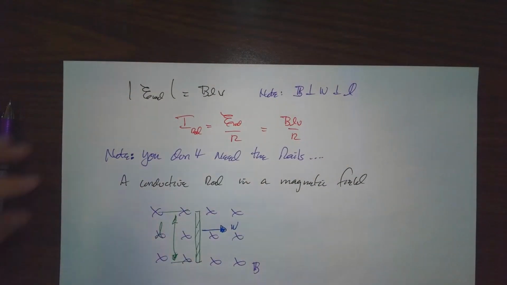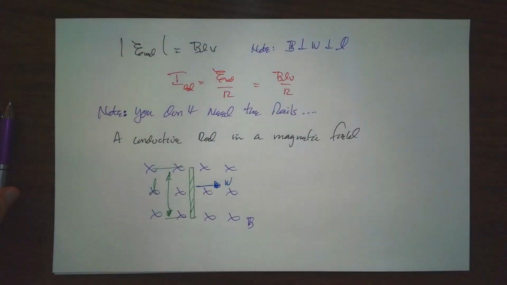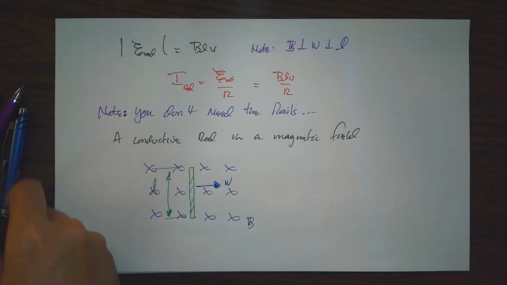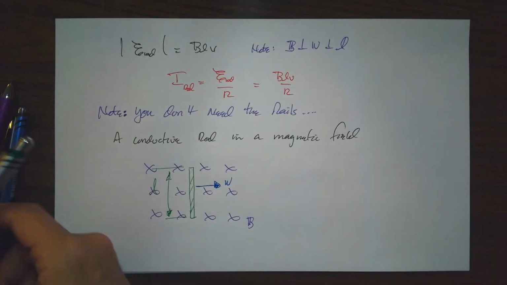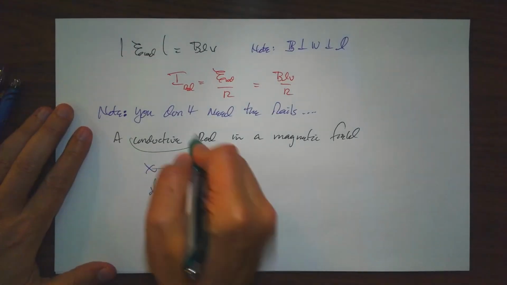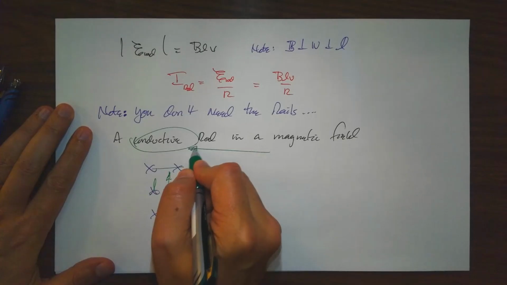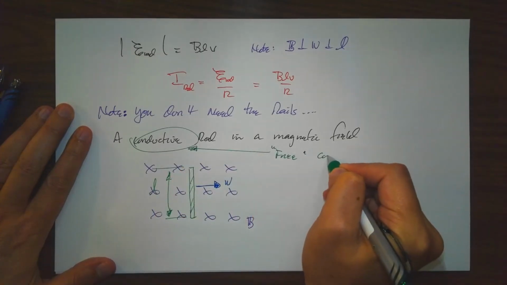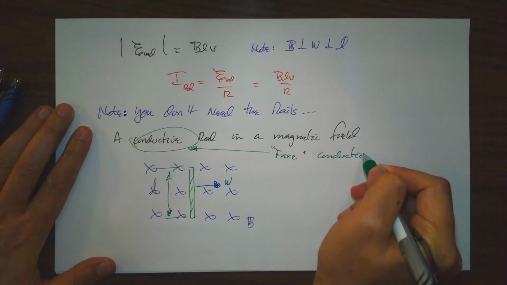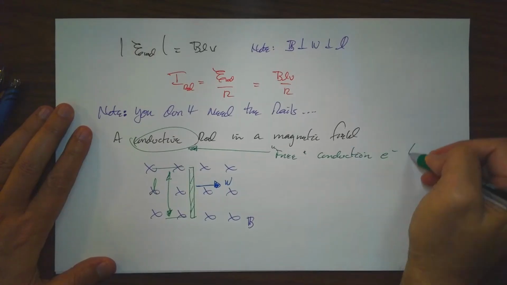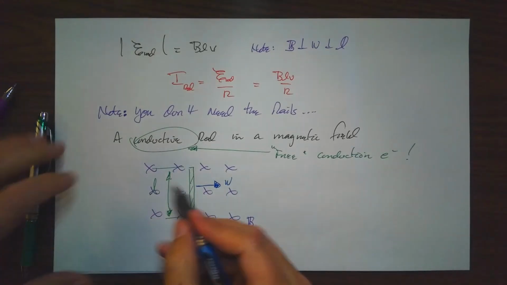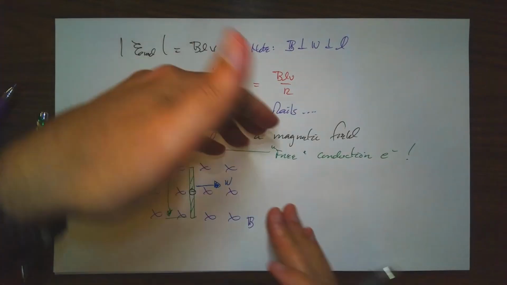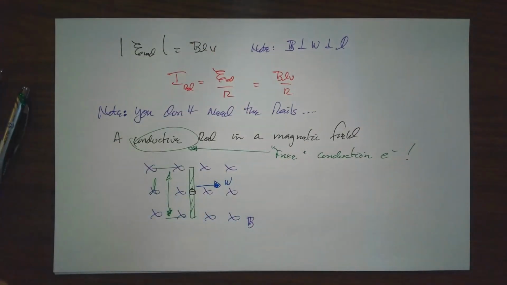And so then we can take a look that it's a conductor. Inside our conductor, we always have conduction electrons. If we look at an electron in the rod as it moves through the magnetic field, then you have a moving charged particle inside a magnetic field.